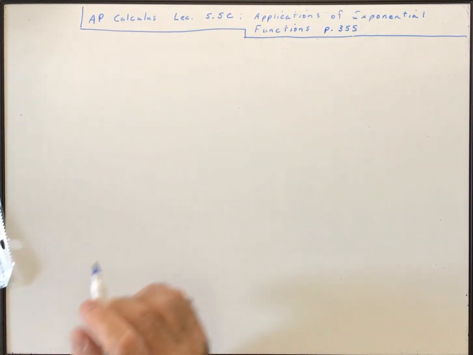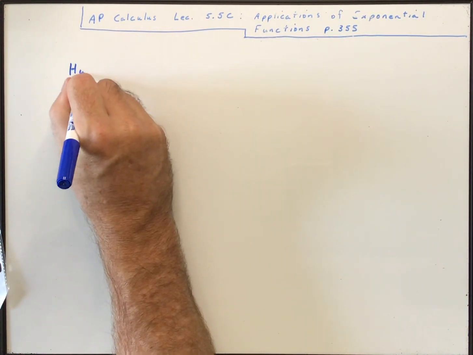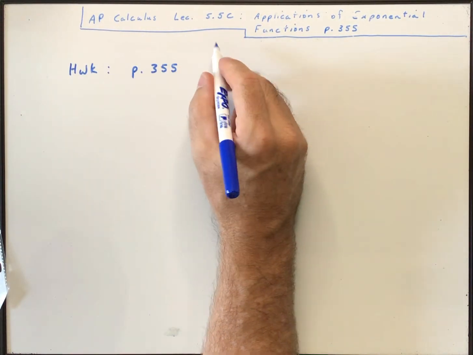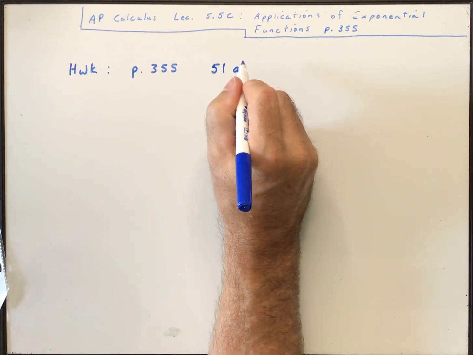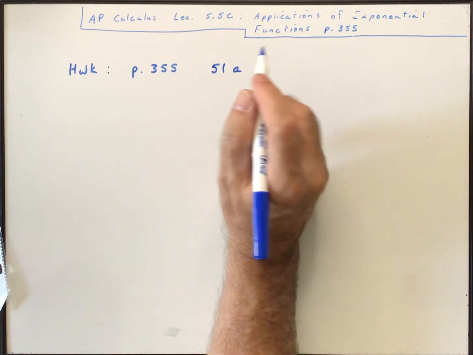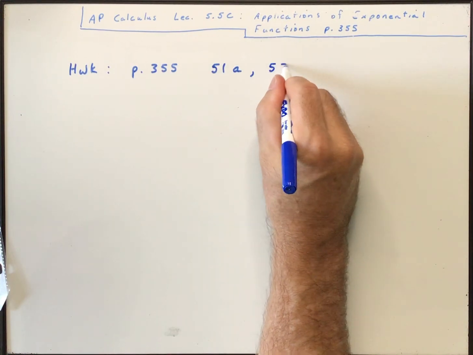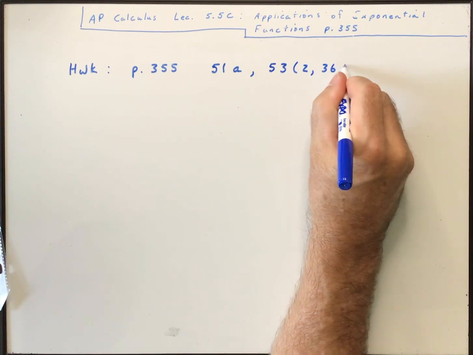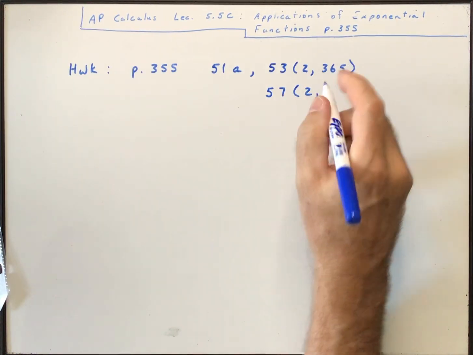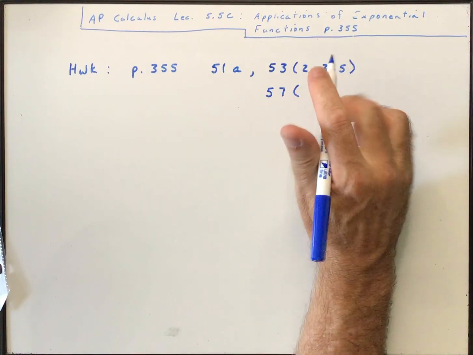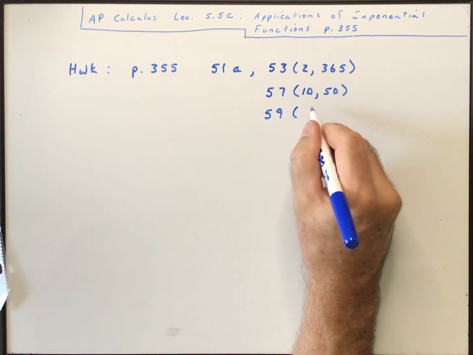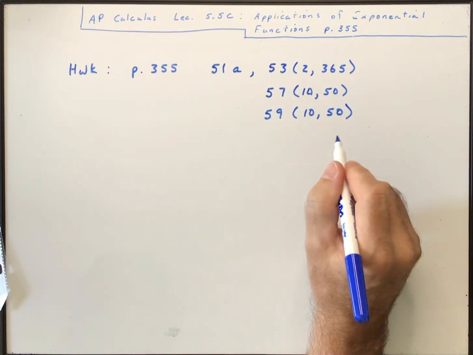But the homework is page 355. I want you to do 51a. 53, just do n equals 2 and n equals 365. 57, do n equals 2 and n equals 10 and n equals 50. 59, do 10 and 50, so just fill out 2 parts of the table.